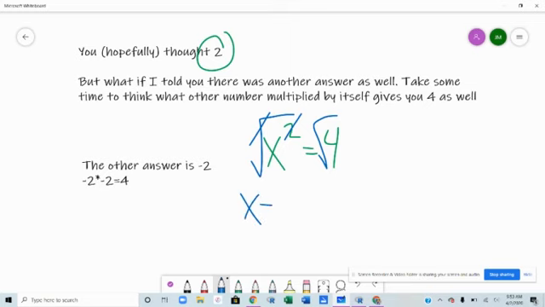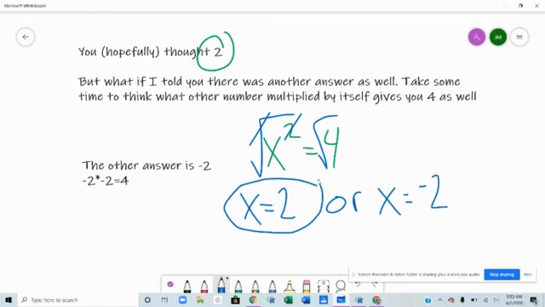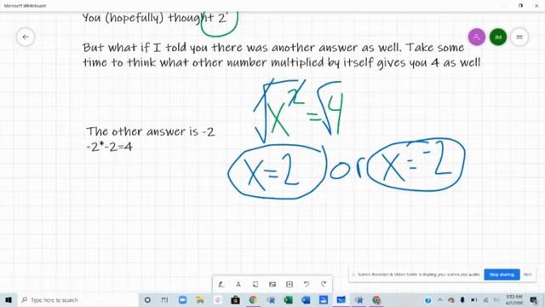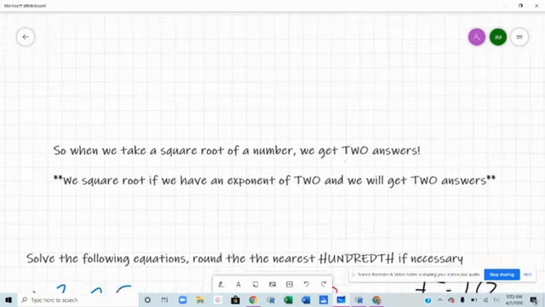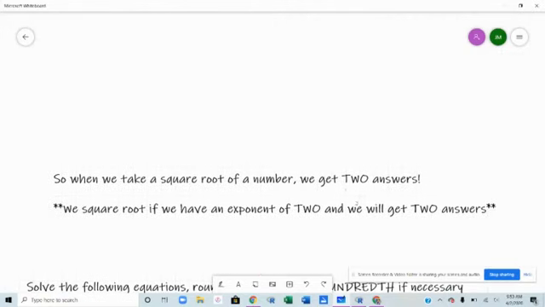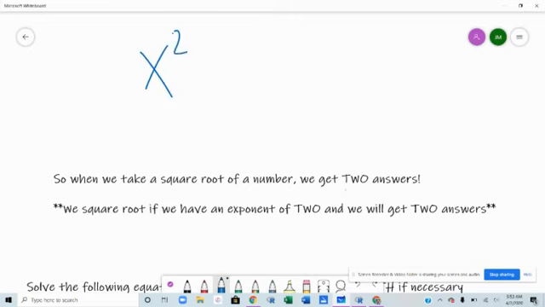I would say x equals 2 or x equals negative 2, because 2 squared is 4 and negative 2 squared is 4. So I get 2 answers. So when we take the square root of a number, we get 2 answers. Now I want to show you why that is.